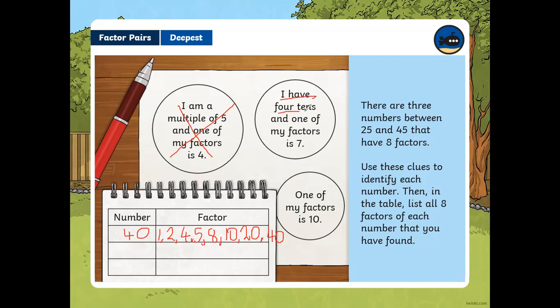I have 4 tens and one of my factors is 7. Think of a number that's between 25 and 45. So remember, you have 4 tens. That means your number must be between 40 until 45. Because only 40 until 45 can give you 4 tens.